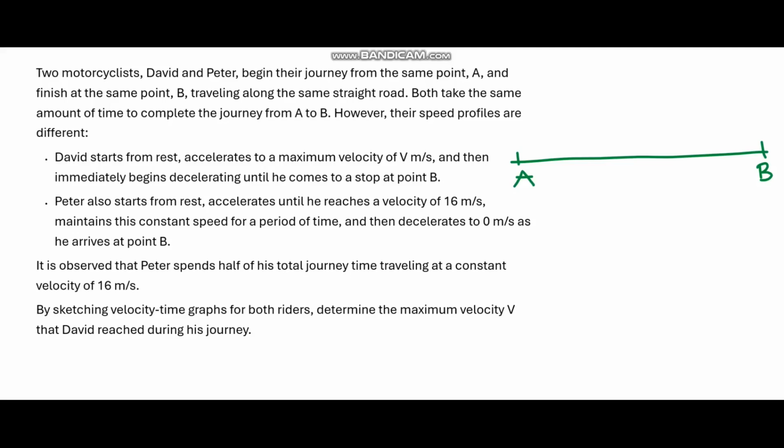It is observed that Peter spends half of his total time traveling at a constant speed of 16 meters per second. So out of the total time, he spends half of the time traveling at that constant speed of 16 meters per second. The question is, by sketching velocity time graph for both riders, determine the maximum velocity v that David reached during his journey.